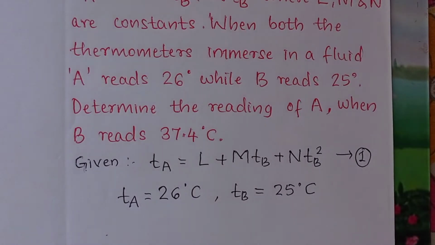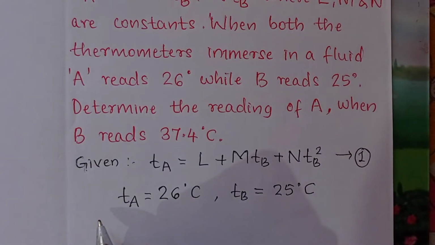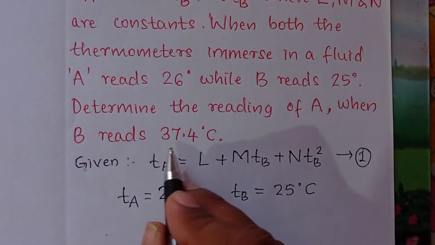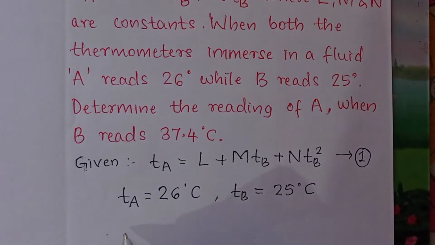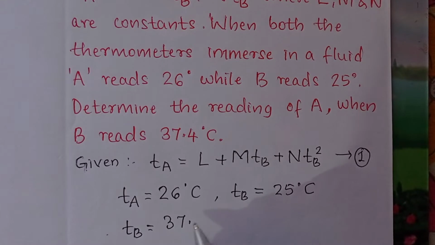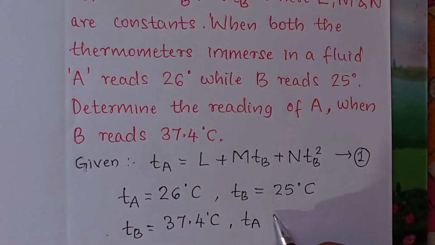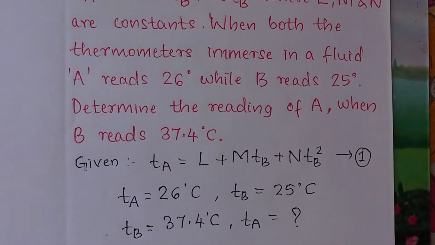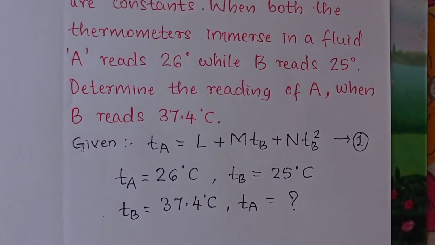Now what we need to do is determine the reading of A when B reads 37.4 degree centigrade. So when TB is equal to 37.4 degree centigrade, what is the value of TA? This is what we need to find out from the problem.